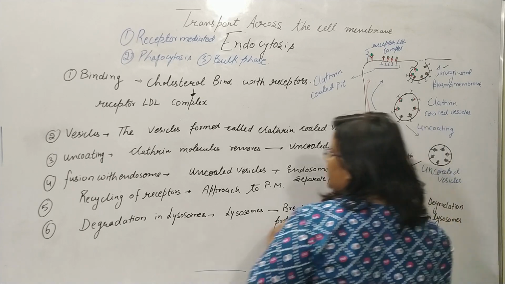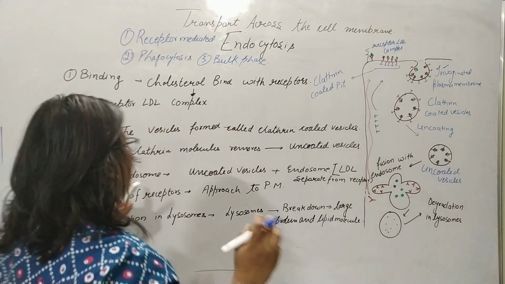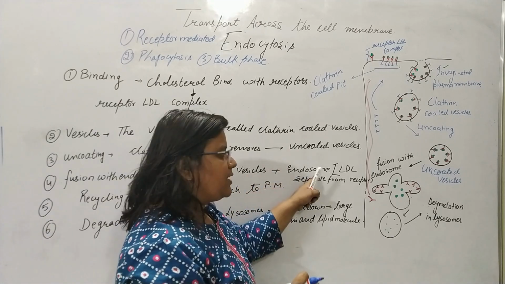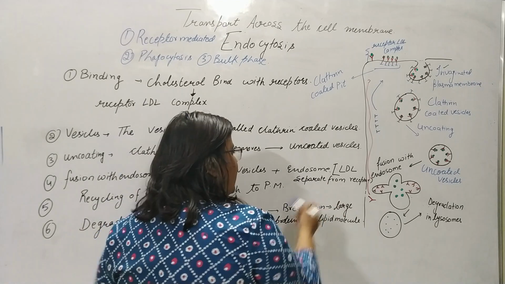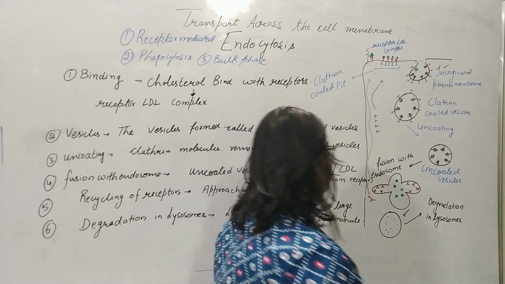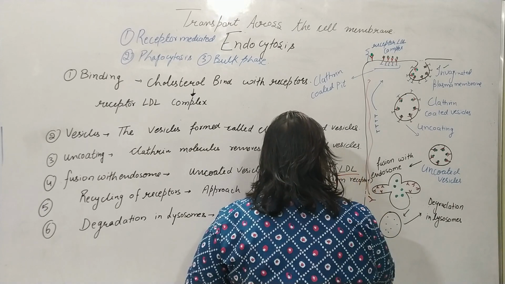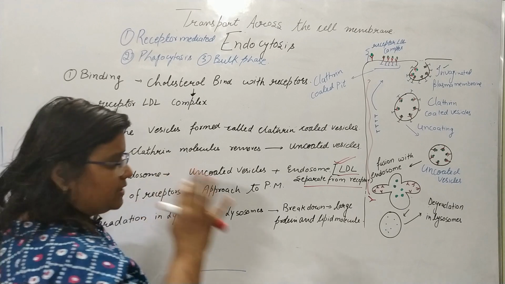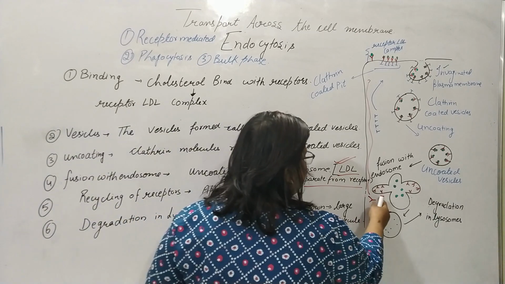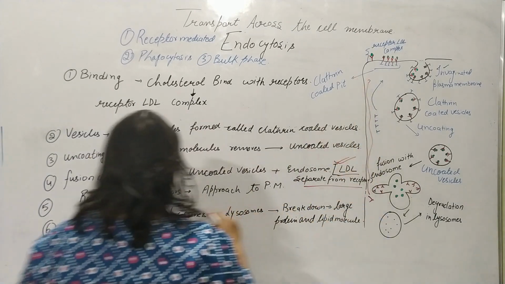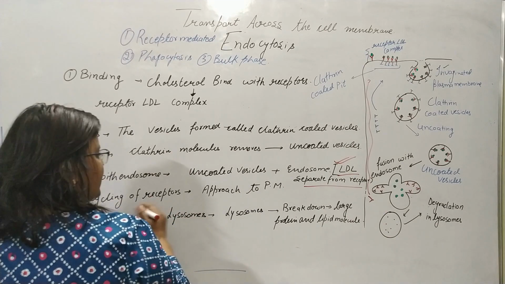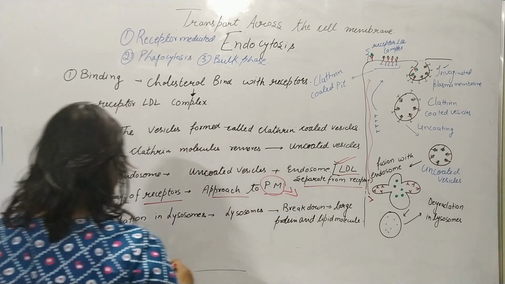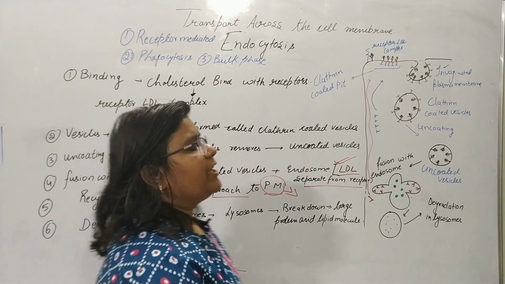After uncoating, fusion with the endosome takes place. This process helps the LDL separate from the receptor. The receptors again approach the plasma membrane; this is the recycling of the receptors.